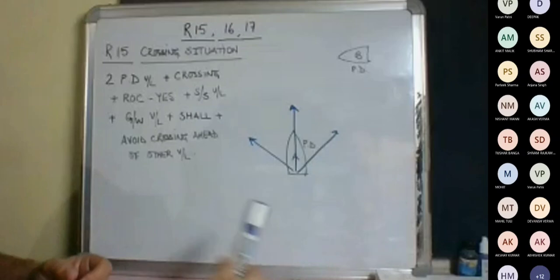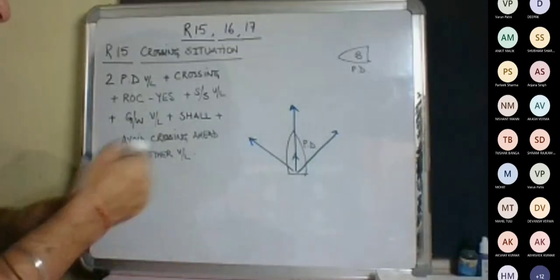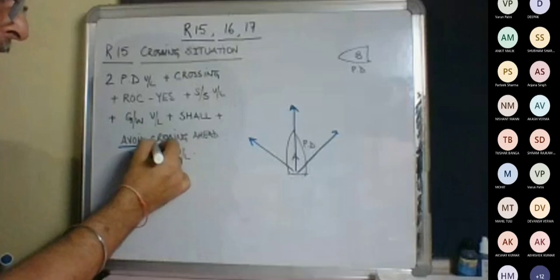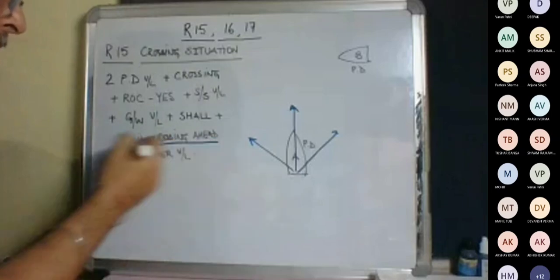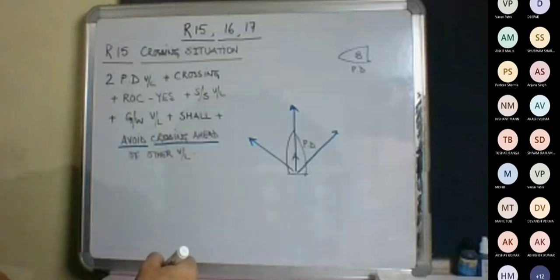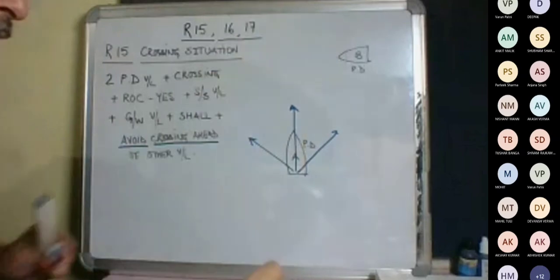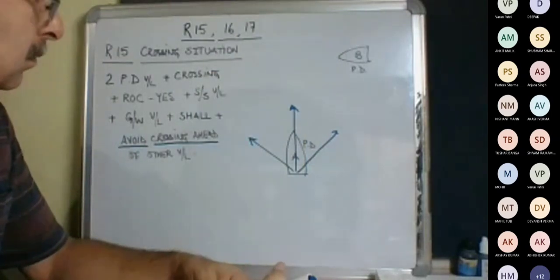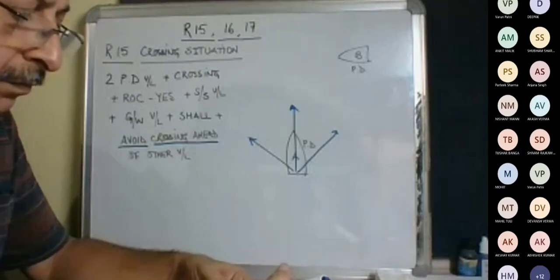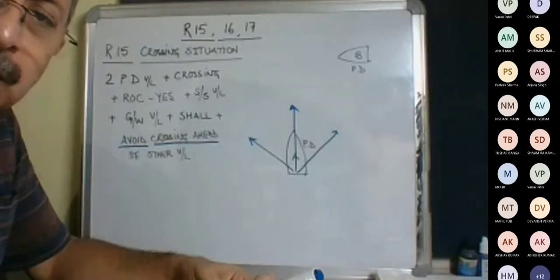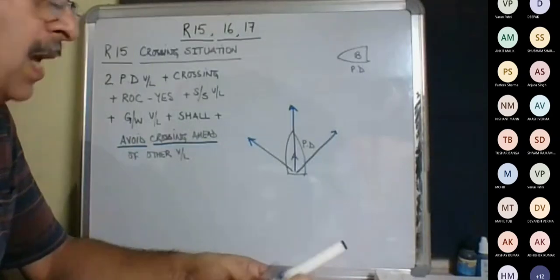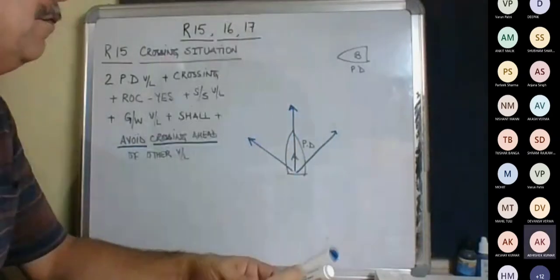So we need to understand the meaning of this word, avoid crossing ahead. Can A cross ahead of B is the question. No, sir. Can A cross ahead of B?